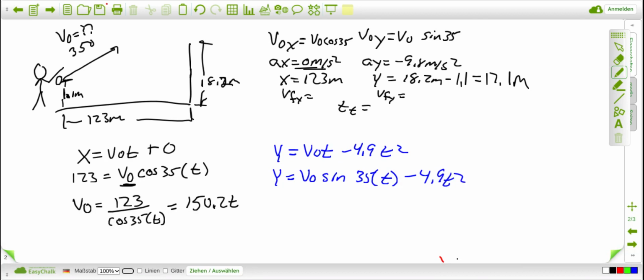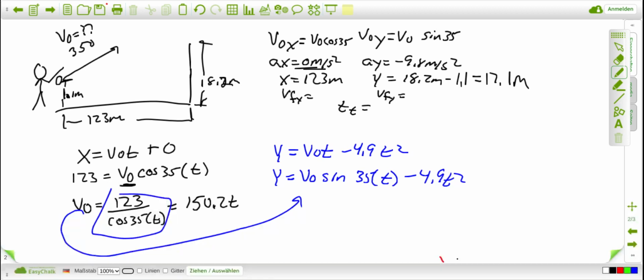So v initial, you would substitute in, and so you could, in reality, bring this over and substitute it in right there. And the cosine of 35 and t actually cancel out.